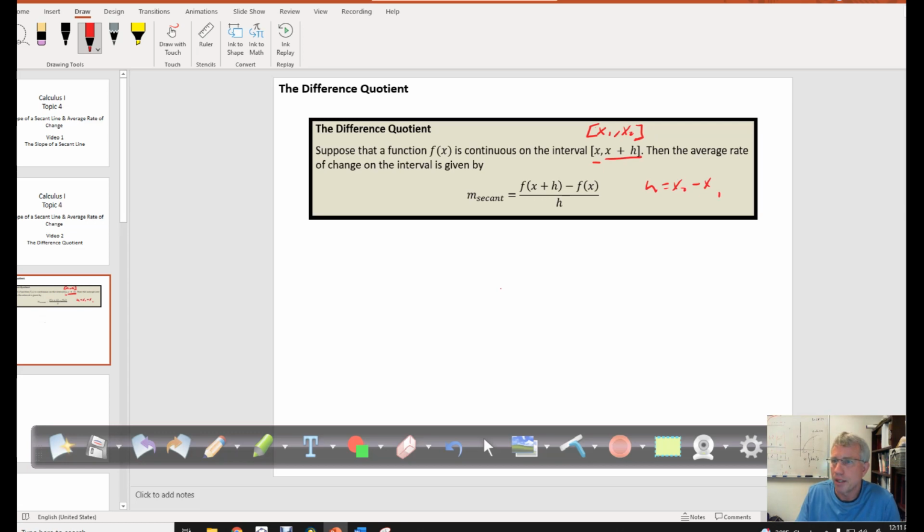Then the slope of the secant line, m sub secant, is given by the difference quotient. And it's going to turn out that this can also be called an average rate of change, which we will explore in subsequent videos.